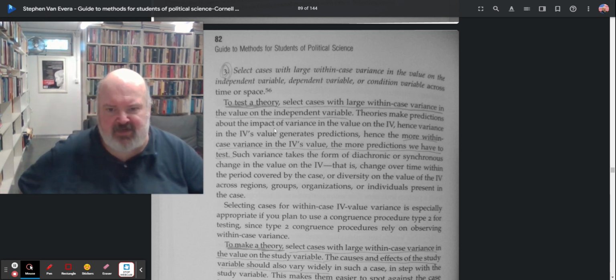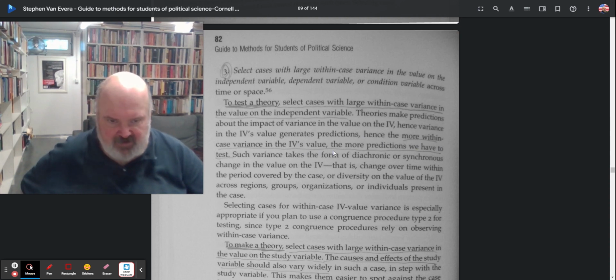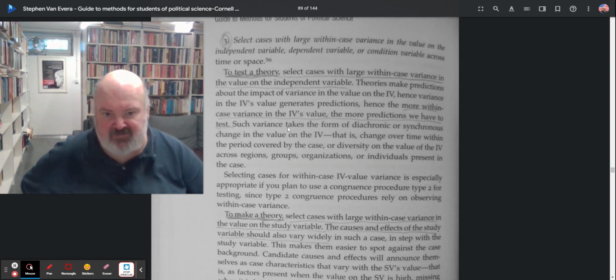These theories make predictions about the impact of the variance in the value on the IV. Hence, variance in the IV's value generates predictions. Hence, the more within-case variance of the IV's value, the more predictions we have to test. Such variance takes the form of a diachronic or synchronic change in the value of the IV.